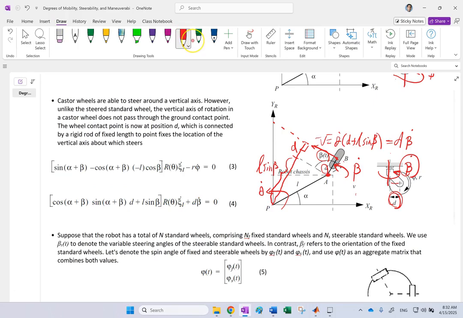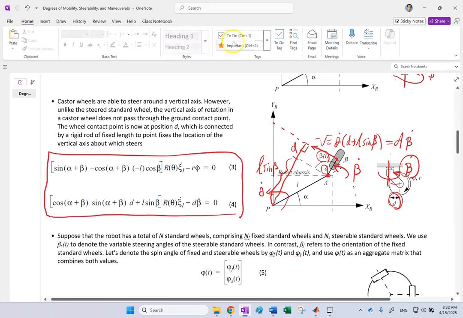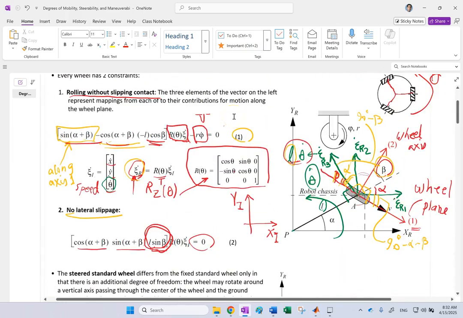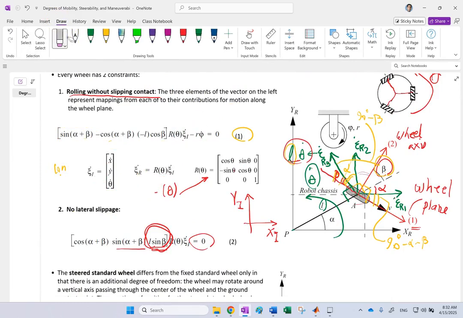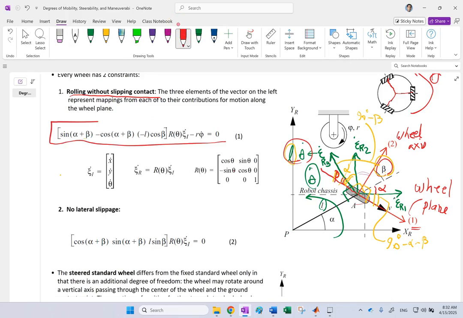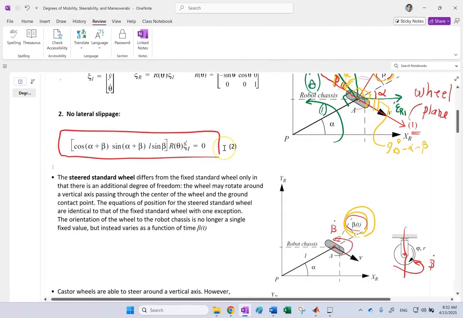So these are the equations for the caster wheel. These two are the equations for the fixed wheel, which is not steerable. And finally, for the standard steerable wheel, it is the same as equations 1 and 2, except wherever you have beta, it is going to be beta of t.